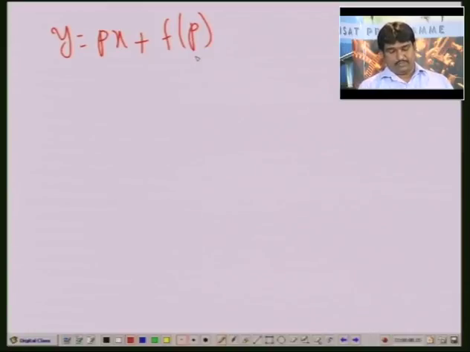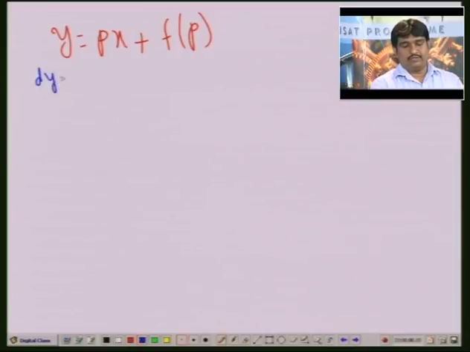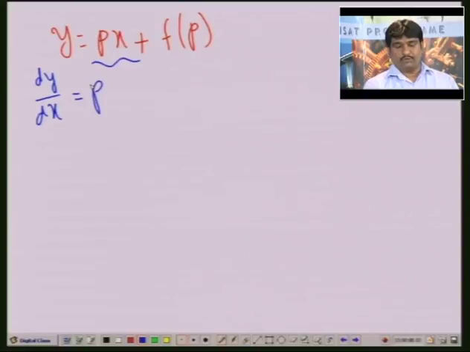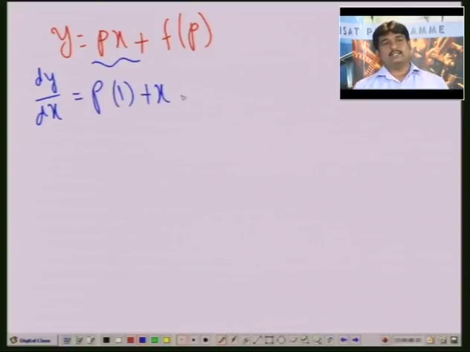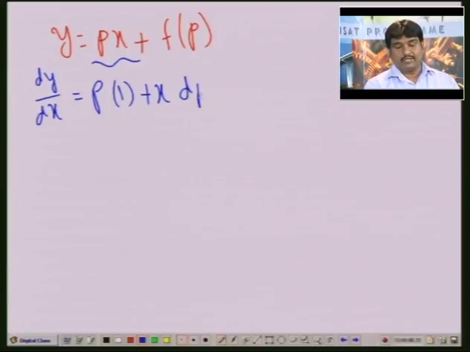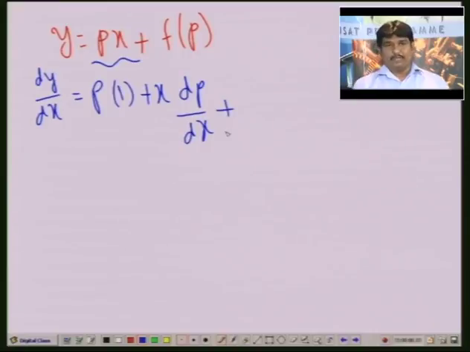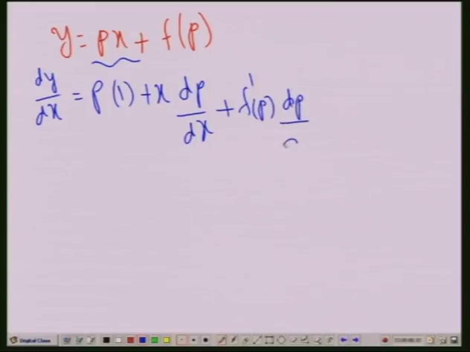Differentiate this equation with respect to x. Derivative of y is dy by dx equals derivative of px, product rule: first function p as it is, derivative of x is 1, plus second function x as it is, derivative of p is dp by dx, plus f of p. f is a function of p, so its derivative is f dash of p into dp by dx.